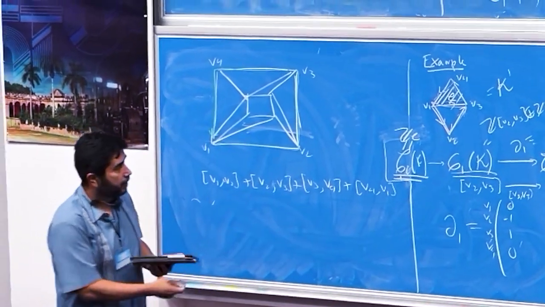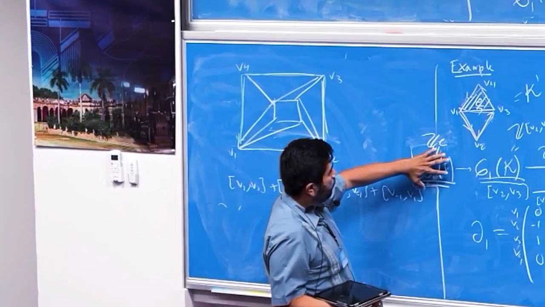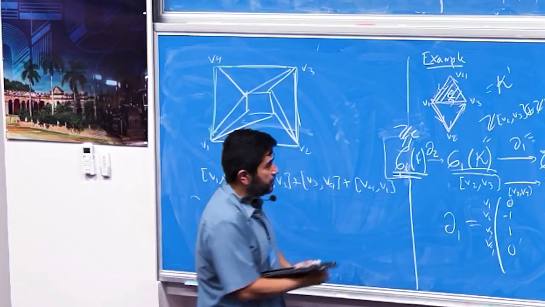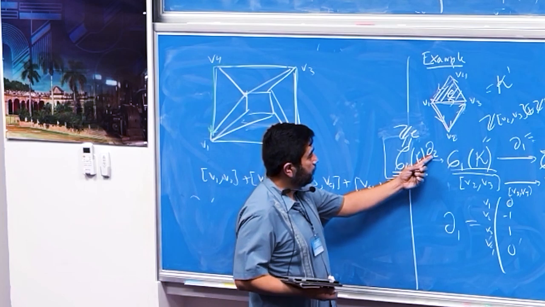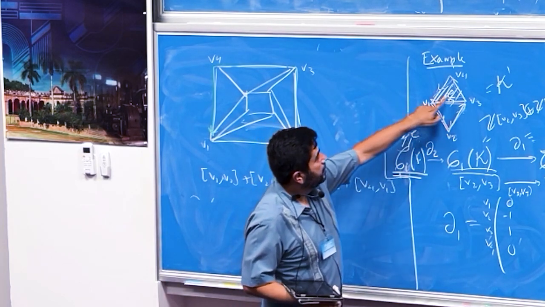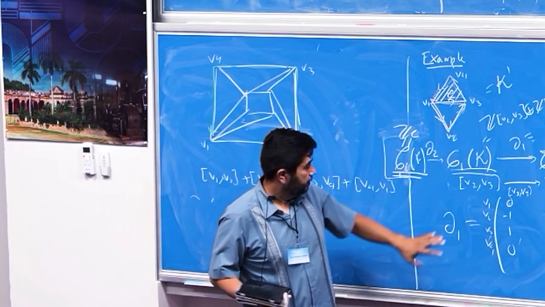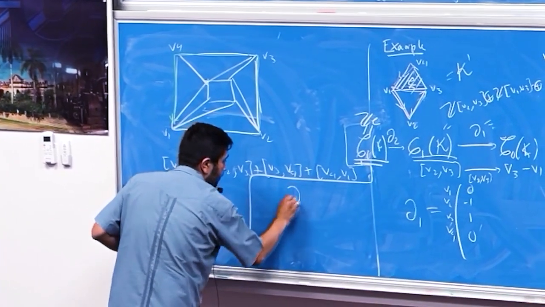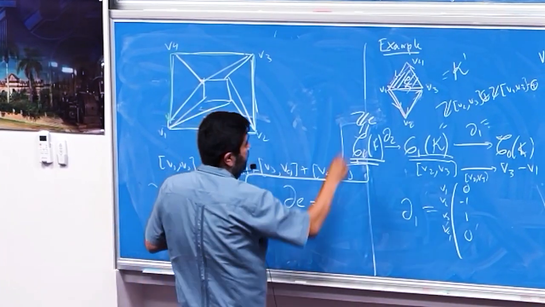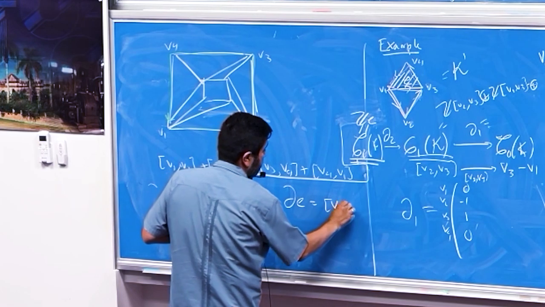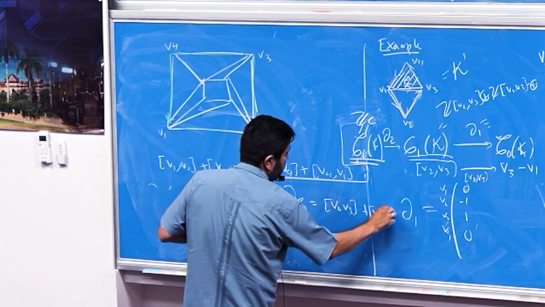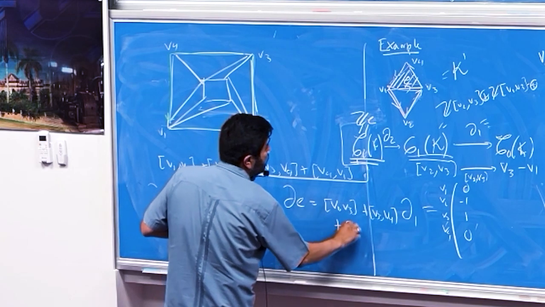With this part, we are going to include another operator, the two-dimensional boundary operator, which takes E to its boundary. So the boundary of E is going to be just v1v3 plus v3v4 plus v4v1.